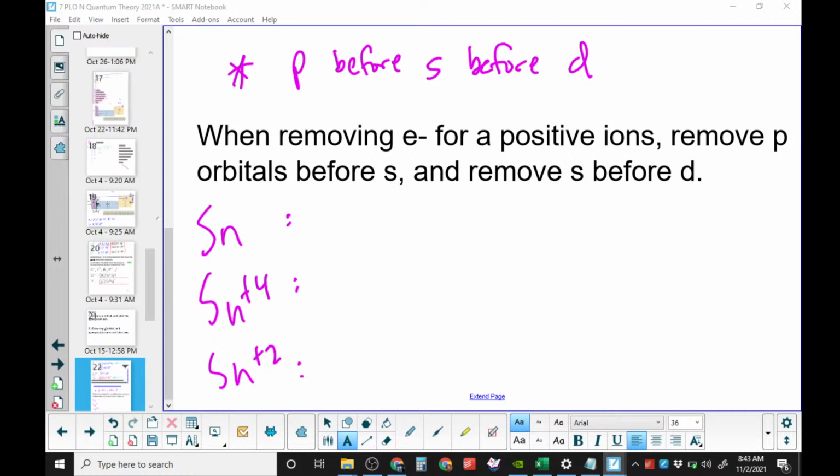And if you want to remember the symbol for tin, you can remember that the Latin name is something along the line of stannis. But I remember it because tin is a sin.